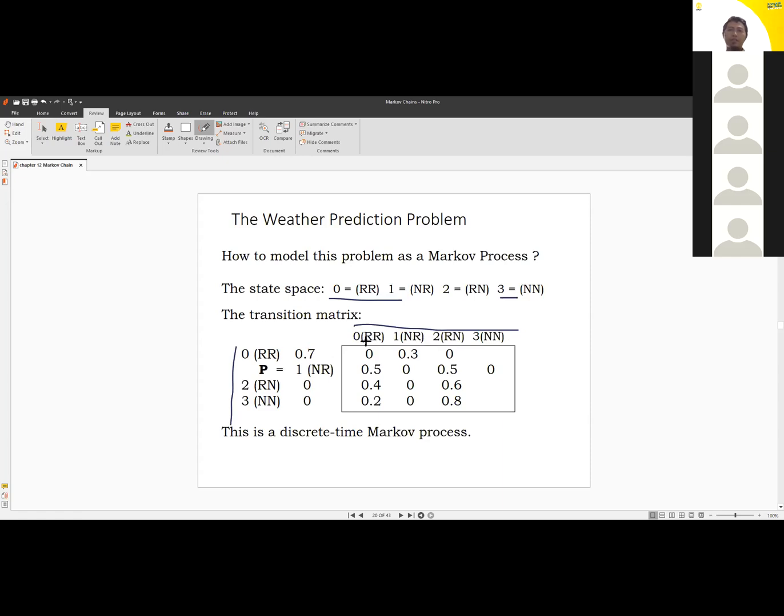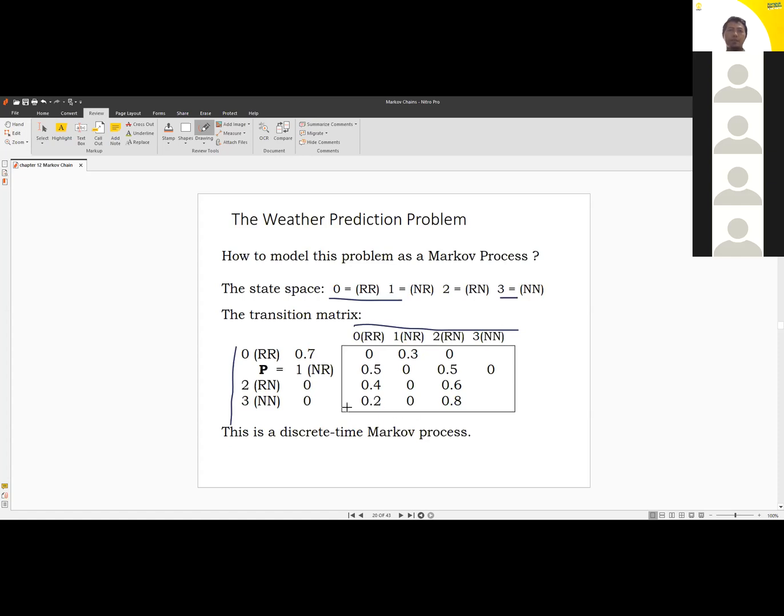You can see here the states: today and yesterday rain; today no rain but yesterday rain; today rain but yesterday no; today and yesterday no rain.